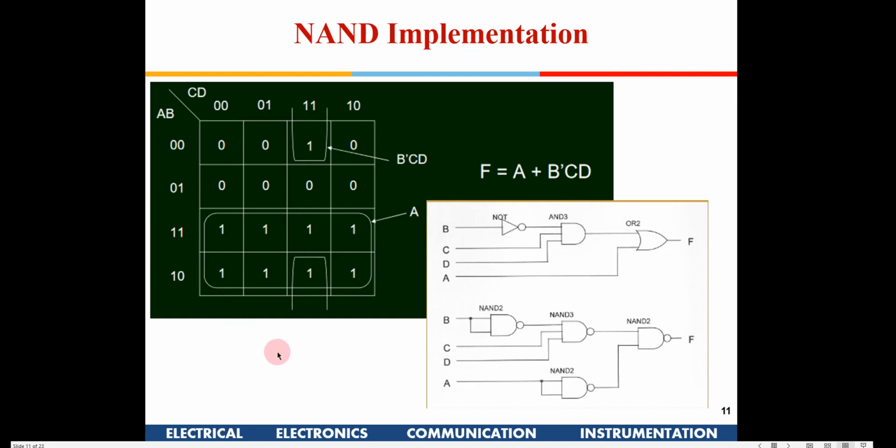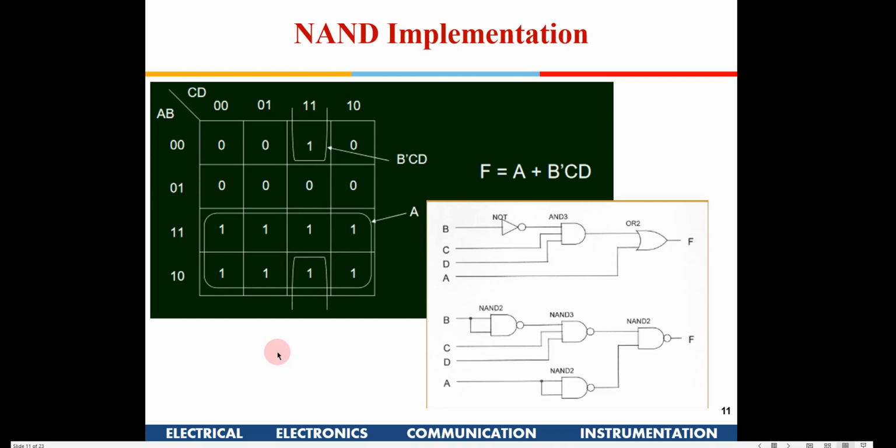One more thing: in exams, the problem will be written such that we have to implement with NAND implementation. It could be an expression, or F equal to certain min terms given here. So you will have to implement it with NAND gates.